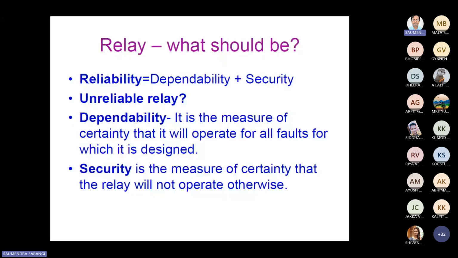Similarly, the second property we have is called security. The current in our system may be high because of overloading also. Definitely overloading increases the current. Because of the current increase, the relay will detect it as a fault.